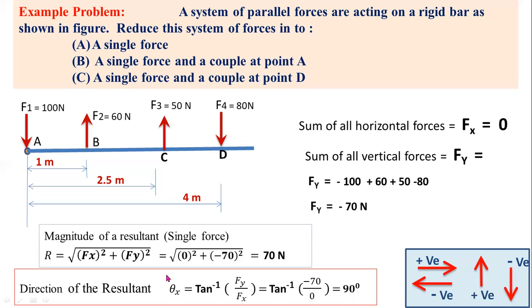That means the resultant makes an angle theta with respect to the x-axis, theta equals 90 degrees. That means the resultant force is acting vertically downward.